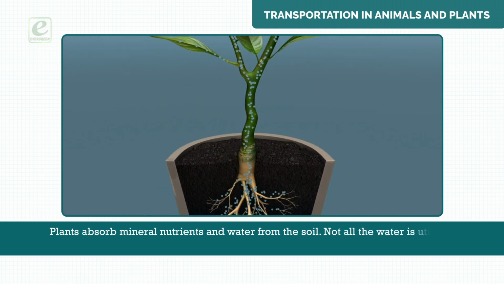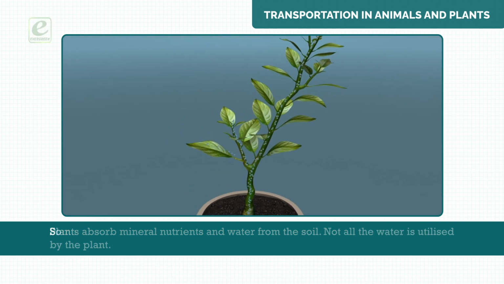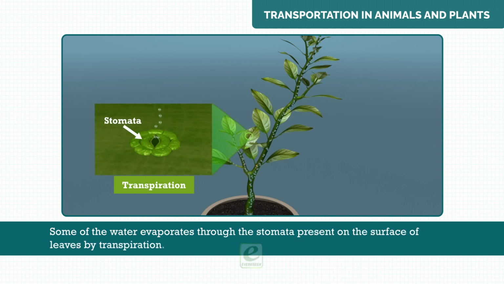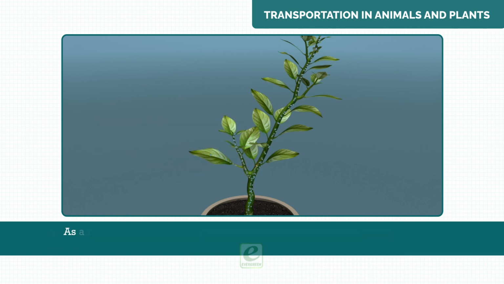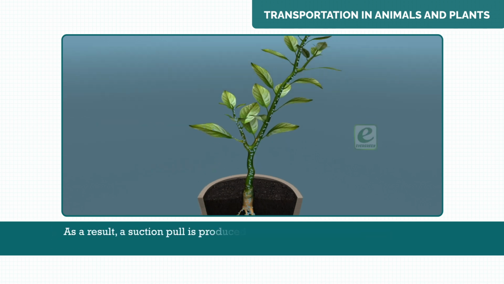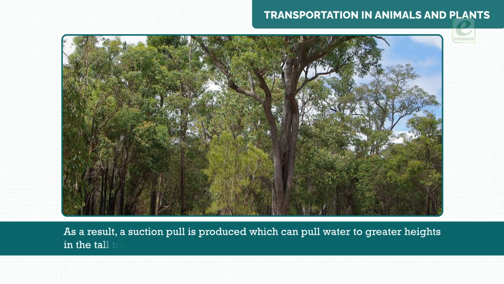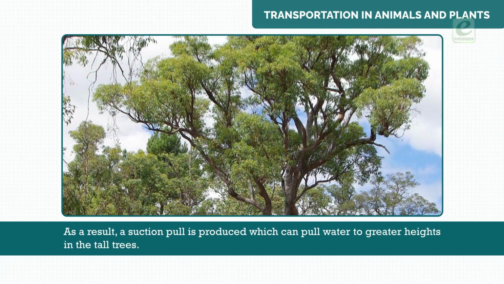Not all the water is utilized by the plant. Some of the water evaporates through the stomata present on the surface of leaves by transpiration. As a result, a suction pull is produced which can pull water to greater heights in tall trees.